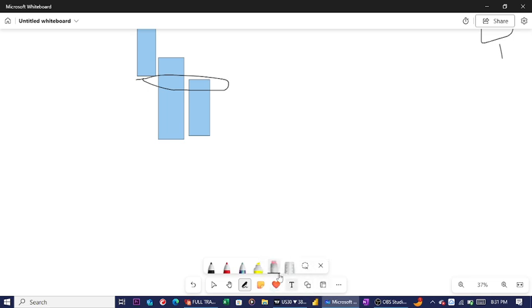So it acts as a support. Let me check the rectangle so that I can see what I'm doing. So this level acts as the support zone.